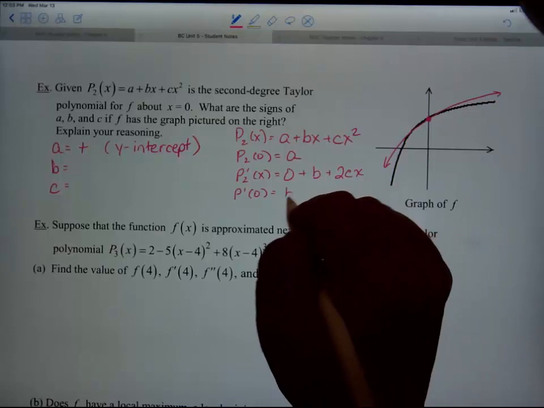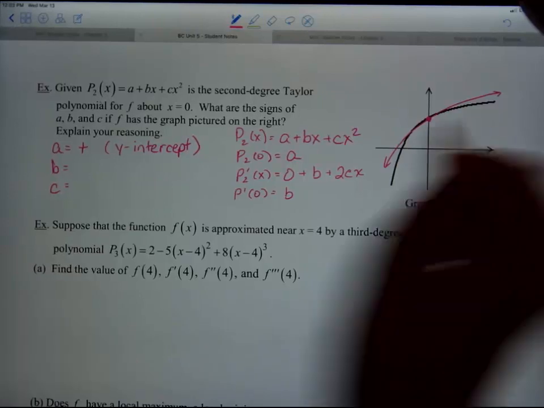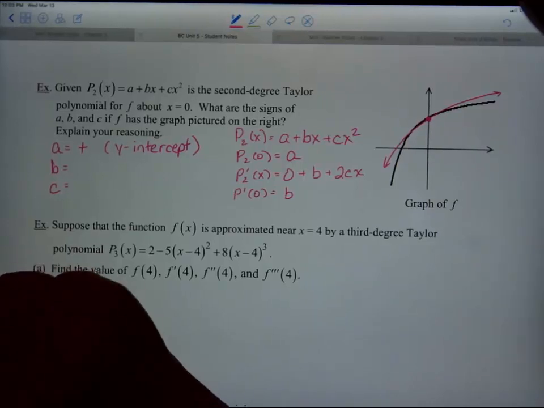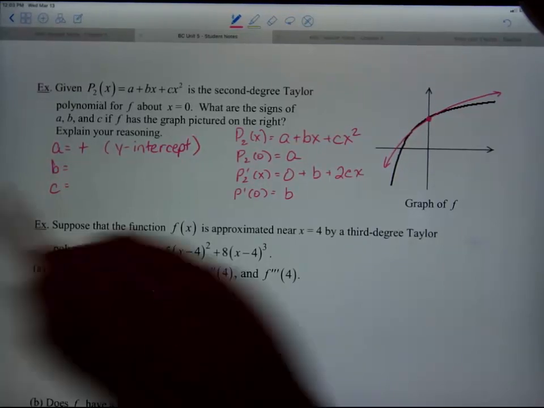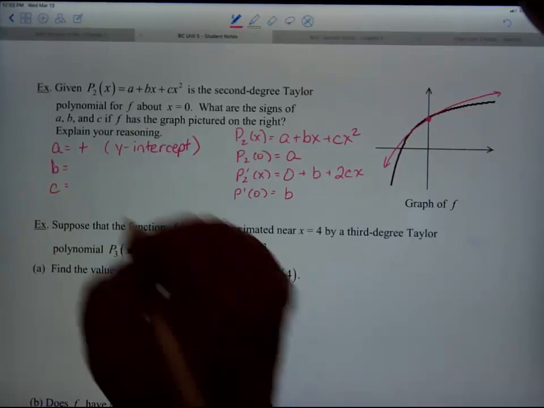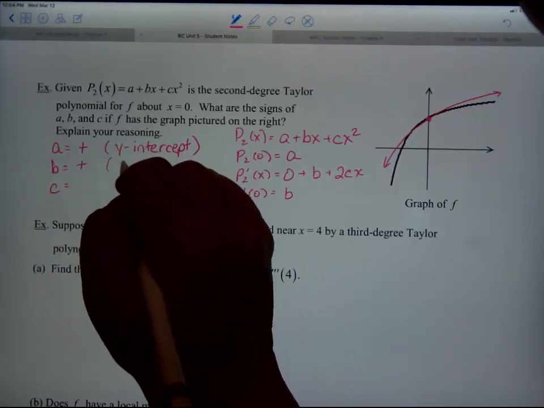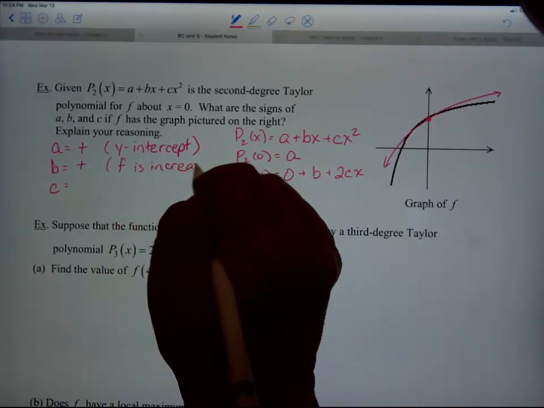Agreed? So the first derivative is the value of b. Now, on a graph, what does the first derivative tell us? Whether the graph is increasing or decreasing. What is this graph doing? Increasing. So what sign is b? It's positive because f is increasing. That's how I know.